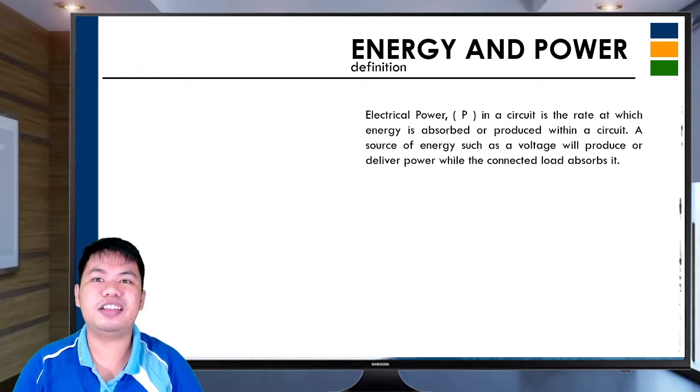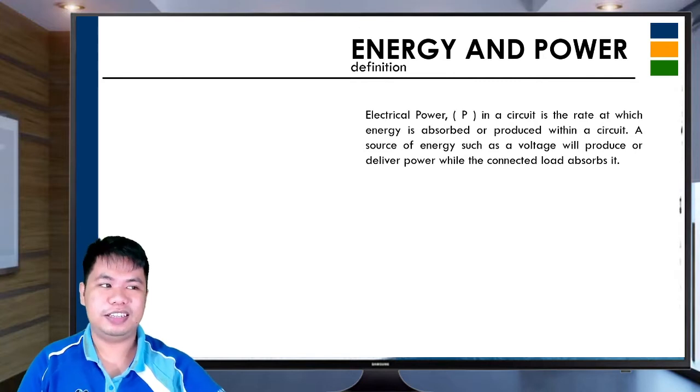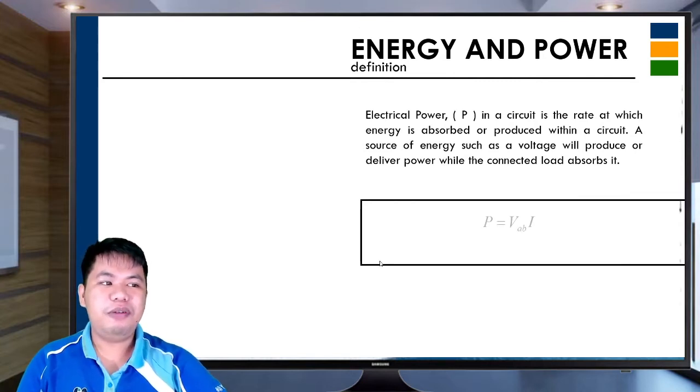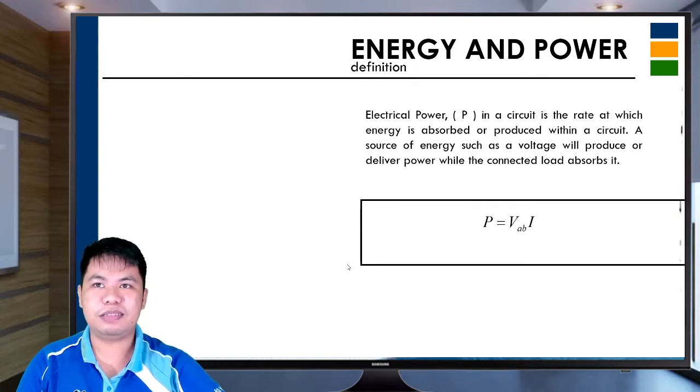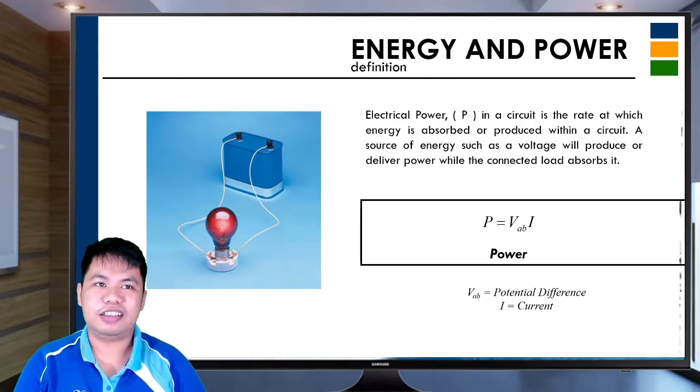So we are going to determine the power that the load or the circuit produces. The power is defined as the potential difference times the current, so here we have V sub AB times the current. This is the power produced in a circuit or power absorbed in a circuit.